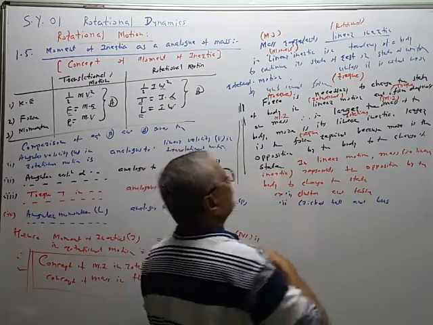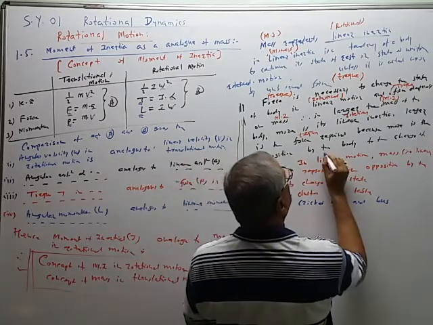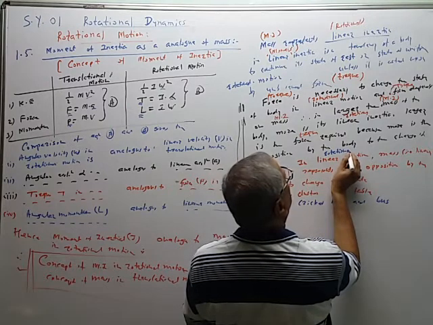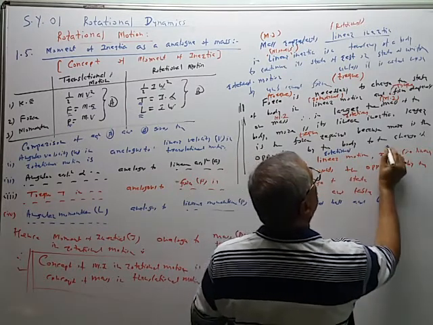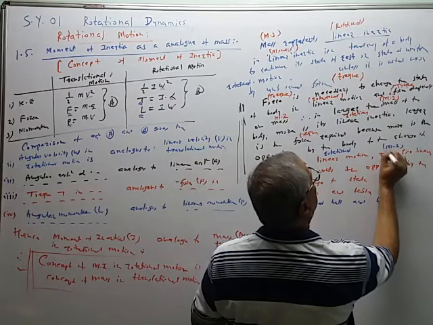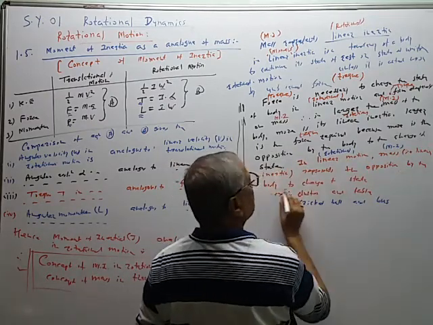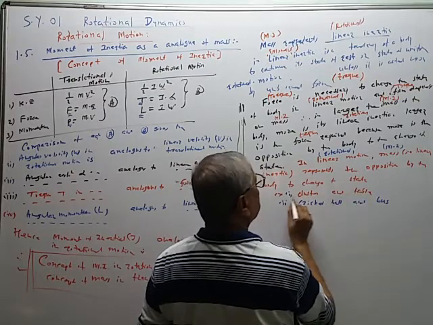In rotational motion, MI represents the opposition by the body to the change of state.